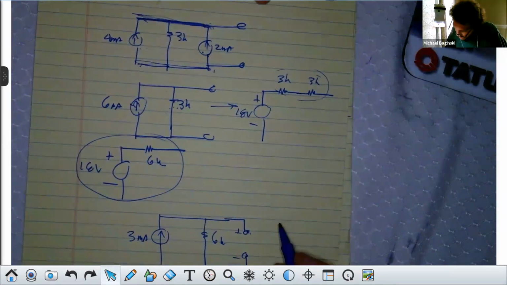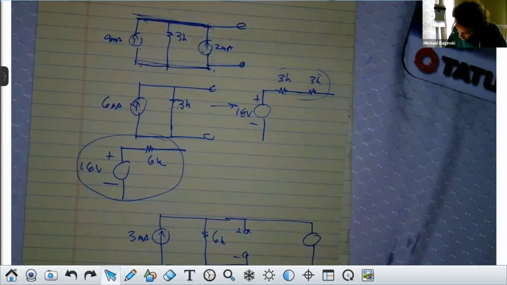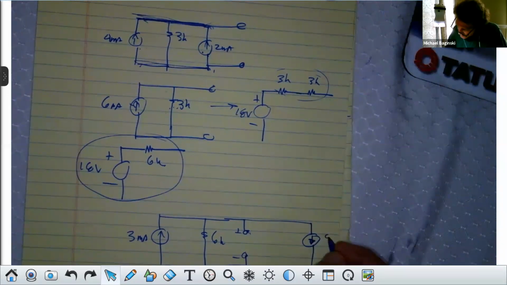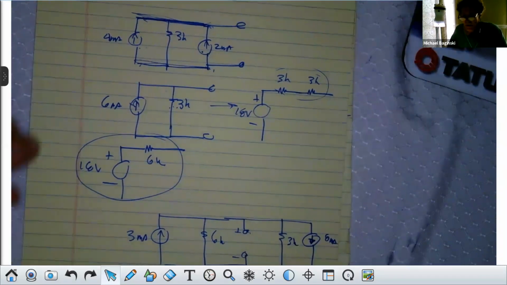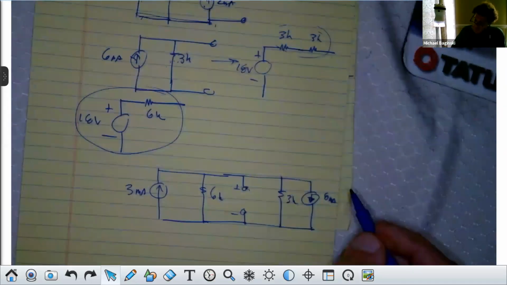So now I come over here and I say, well, I got a current source, but it's going the wrong way in a sense. It's going down, not up, and it would be 8 milliamps, right? And I have a resistance of 3K still, right? Take a good look at this, and I'll move it up for you. That's supposed to be 8 milliamps.